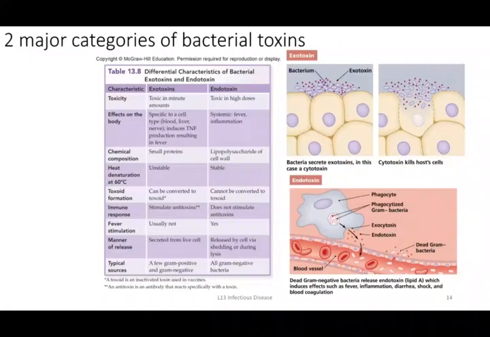So as we just mentioned, we have these two categories, exo versus endo. And there's a variety of differences that we can talk about. So as we mentioned, exotoxins have to exit the cell, right? So living bacteria release.